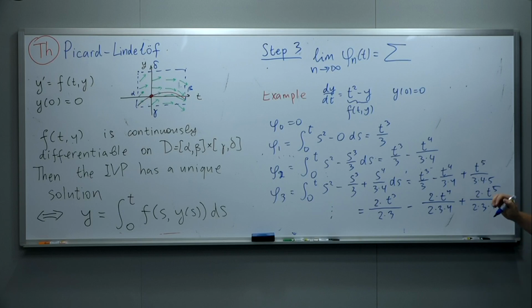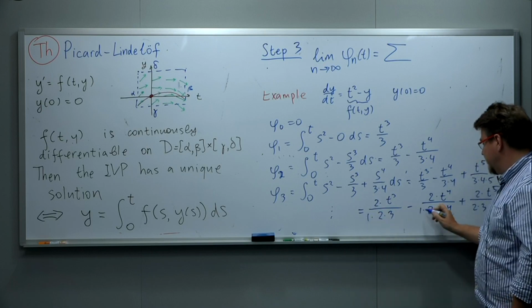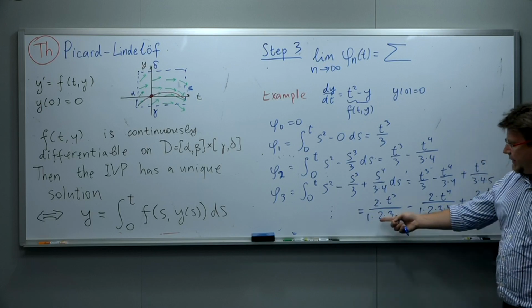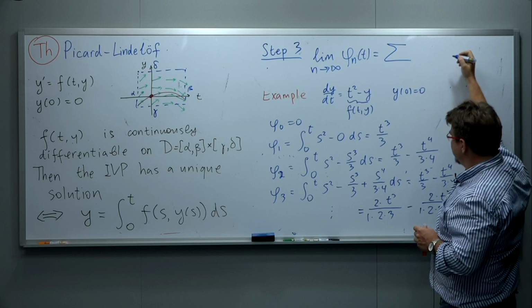Then I can just multiply by 1, it doesn't change anything. And then in the denominators, I will have factorials. So this is going to be the sum of the following terms.